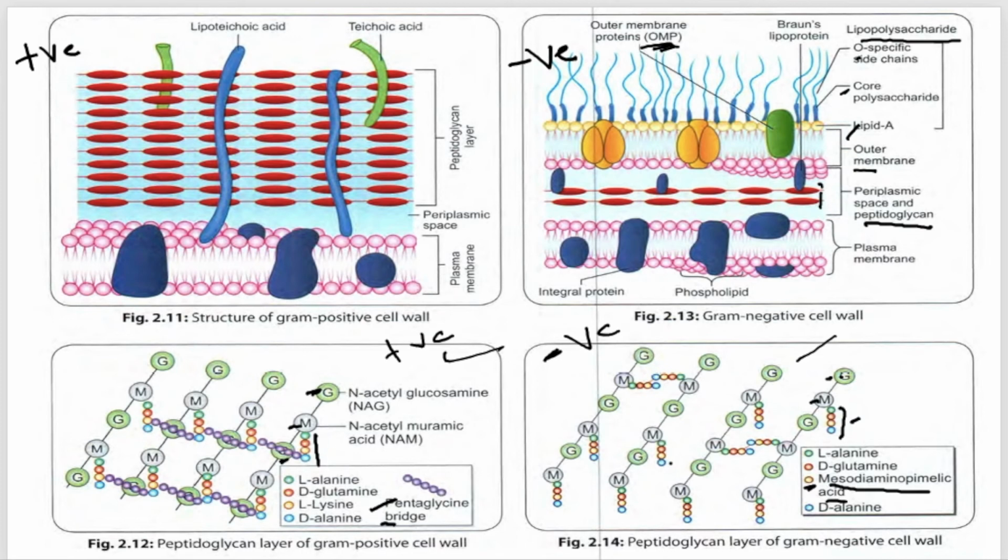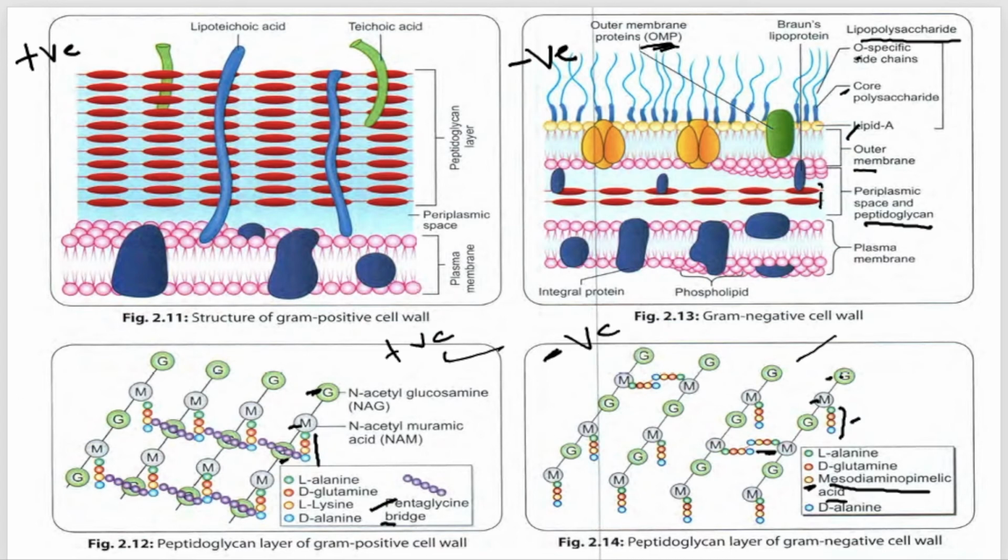In gram negative bacteria, there is no pentaglycine bridge, and the tetrapeptide is also chemically different because the third amino acid is not L-lysine but meso-diaminopimelic acid.